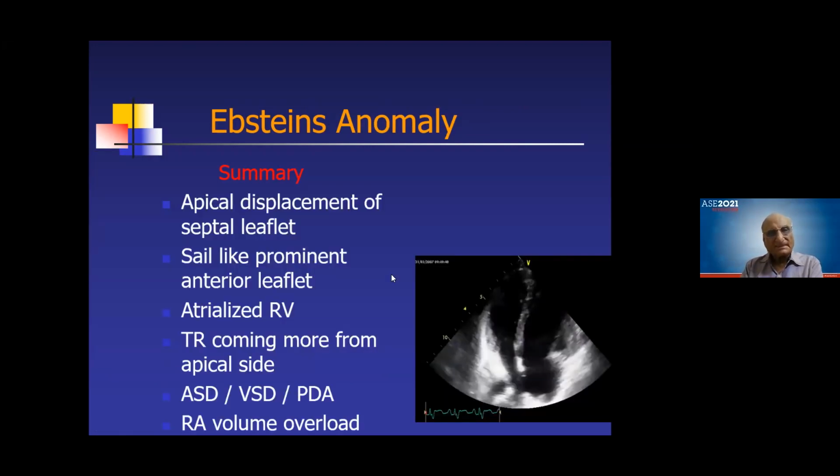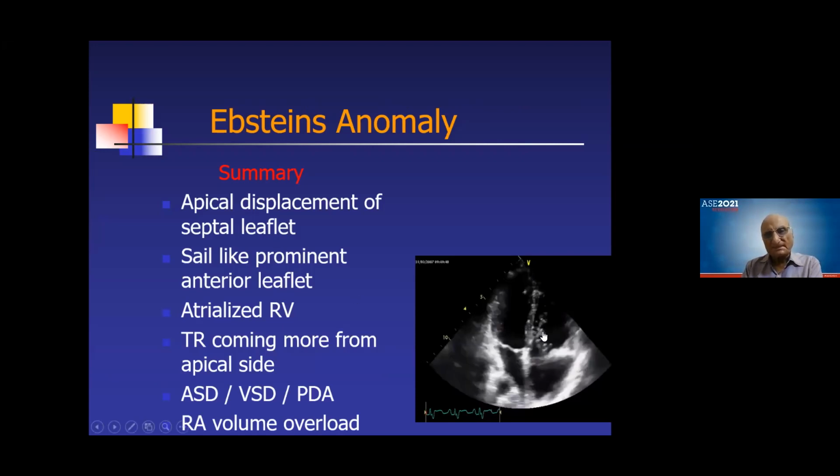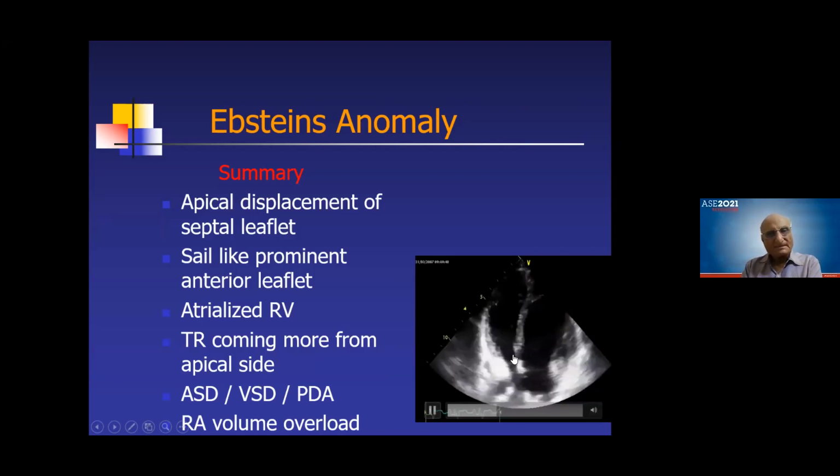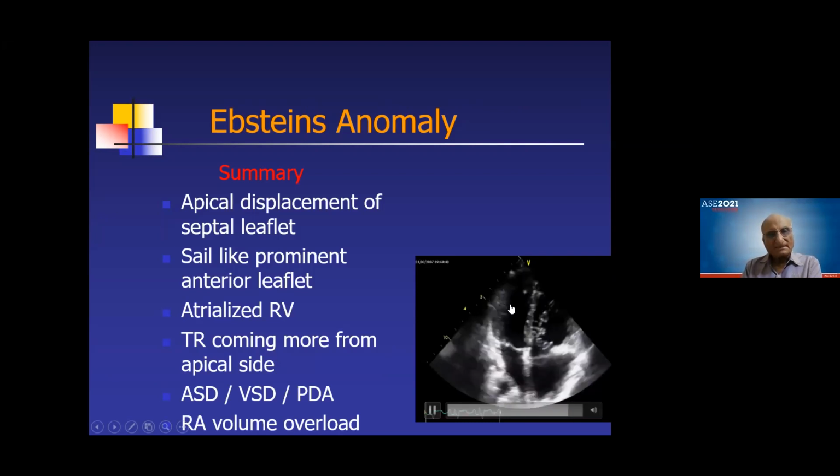So there is an apical displacement of the septal leaflet. There is a sail-like prominent anterior leaflet. There is an atrialized right ventricle. There is TR coming from the apical side, that will be coming from here.